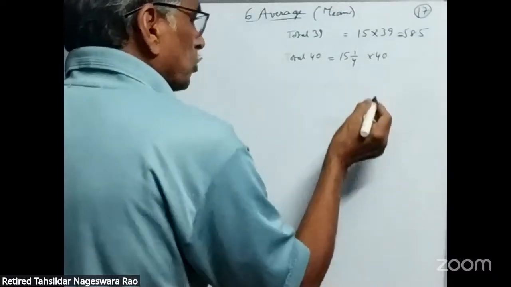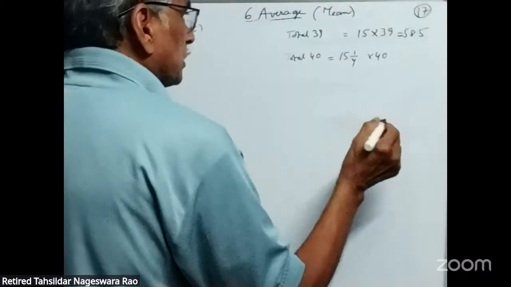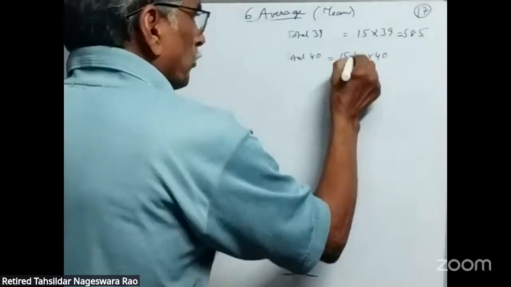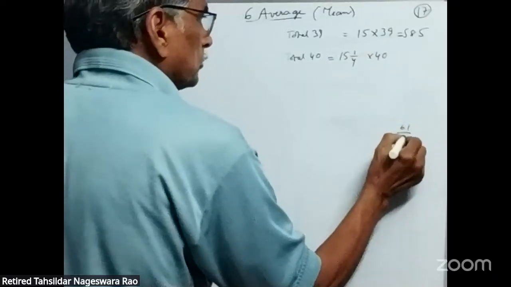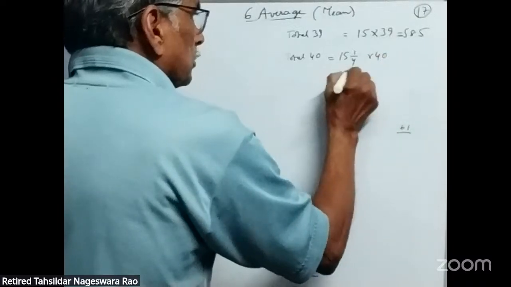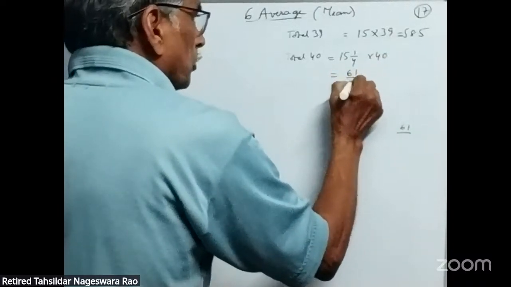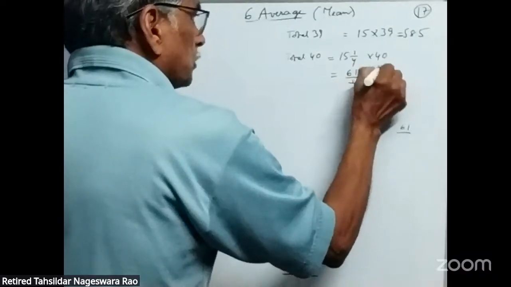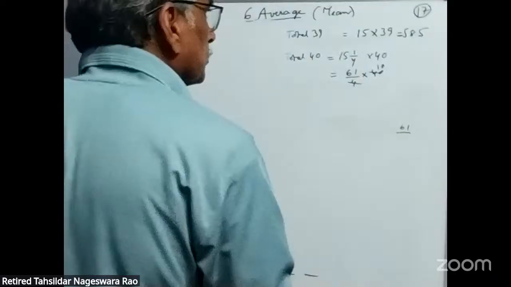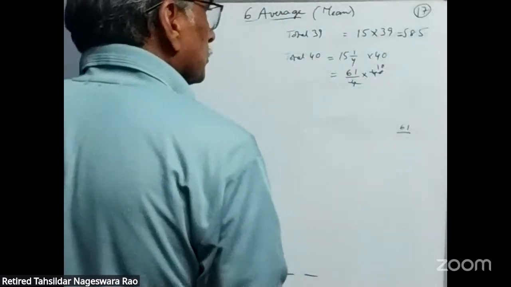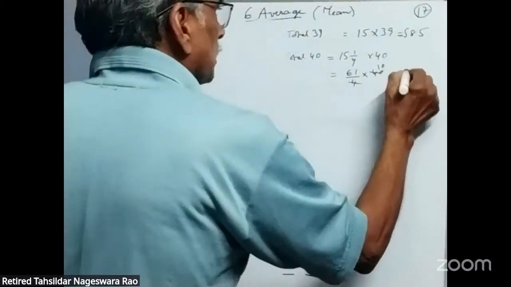They are finding out total ages of all students and teacher, including teacher, students plus teacher. 15 1/4 means 61/4. 61/4 into 40, 10 times, is 610.